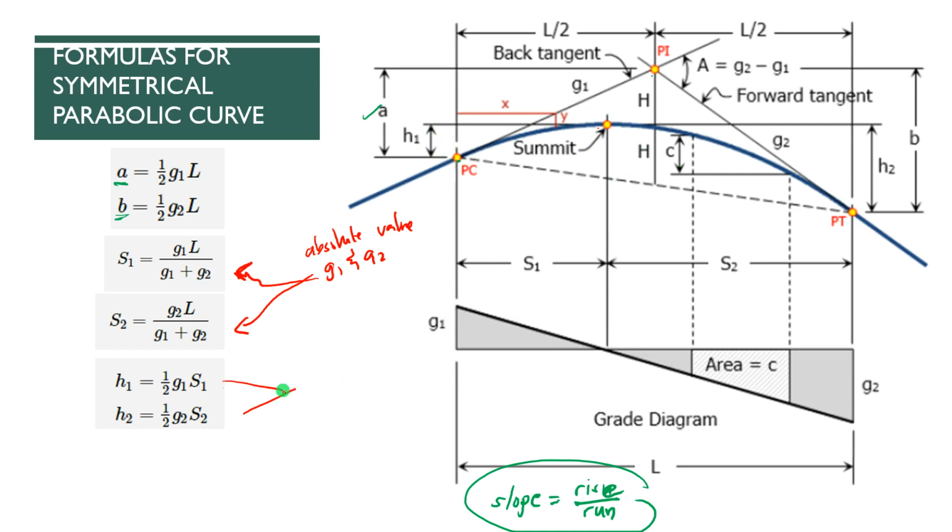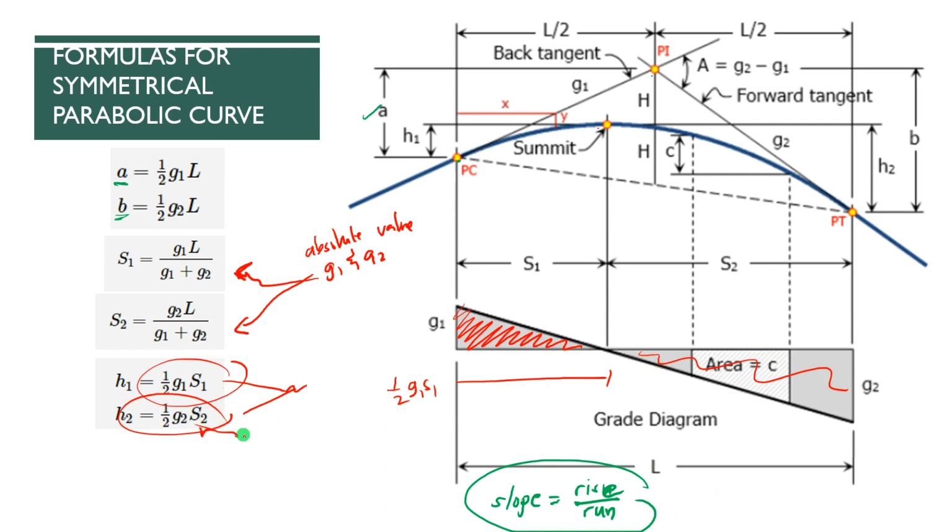So that's it. As you can see, h1 and h2 are just derived from the area of this triangle on the grid diagram. When we take the area of this, that's 1/2 G1S1. Area of this one, 1/2 G2S2.